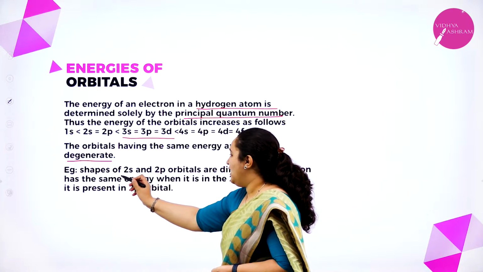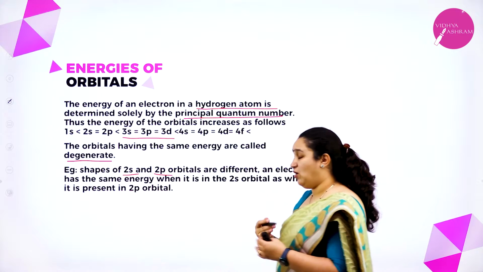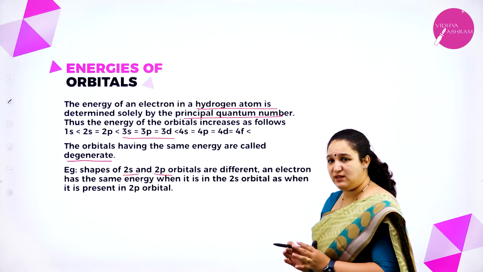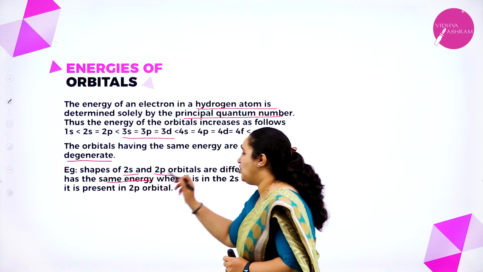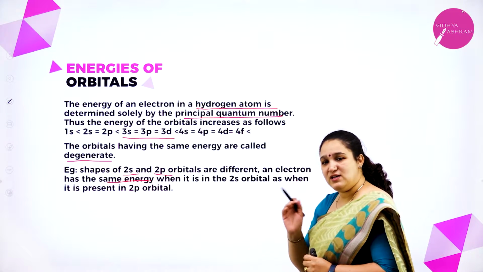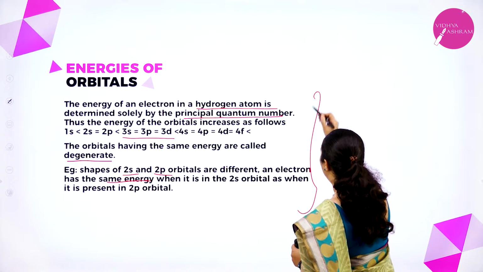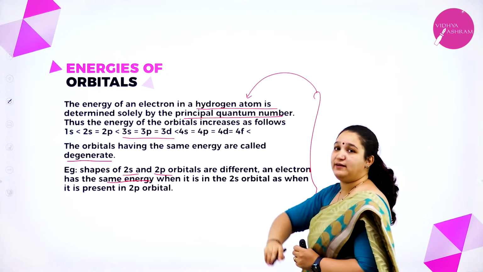Here see, shape of 2s and 2p orbitals are different, but still the electrons which are present in them have same energy, or these two orbitals also have same energy. All of this is for hydrogen atom.